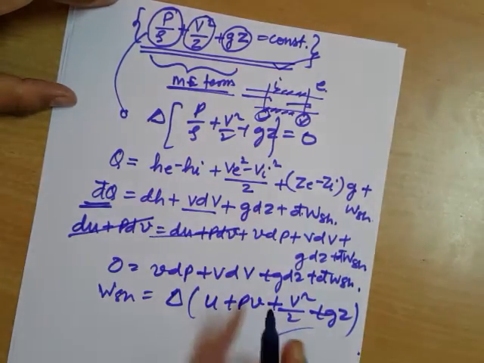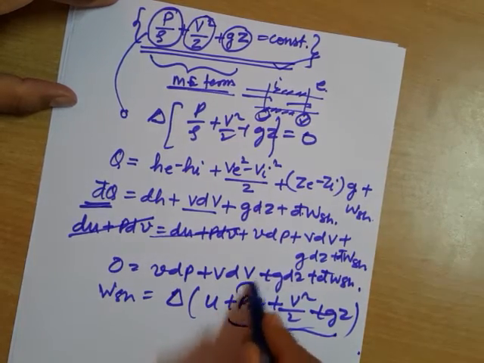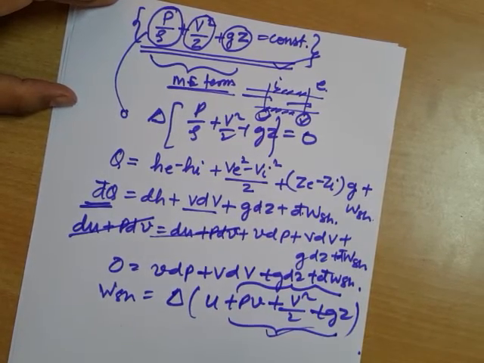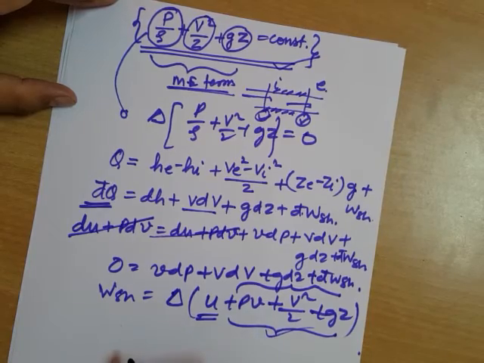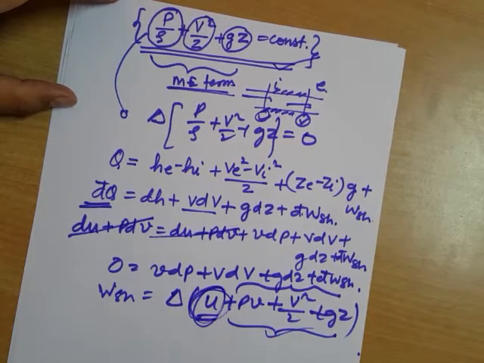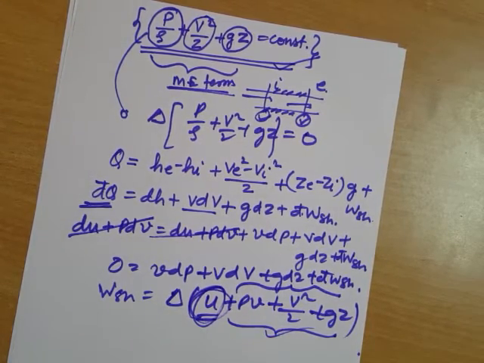They both look similar in terms of these mechanical energy terms, but the difference lies here. This difference is because in a real fluid we have viscosity, resistance, dissipative effect, friction.